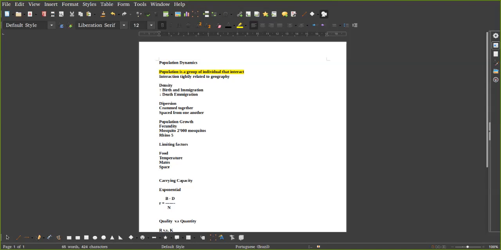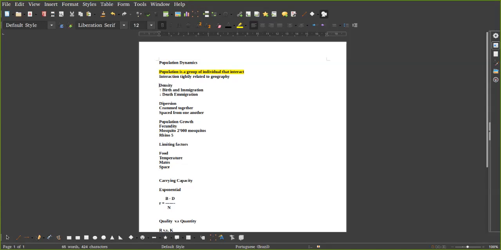So it increases with births and immigration, when individuals from other places join this population, and decreases by death or emigration, when individuals leave to other populations. Also dispersion: if they are all crammed together or if they are spaced from one another.